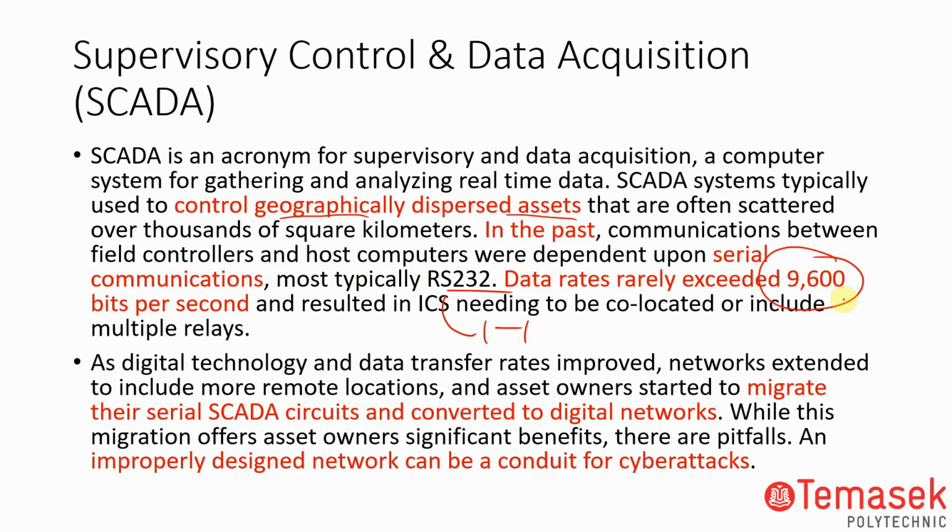Even today, a lot of things still run at this particular speed. In a control system, it doesn't need a lot of bandwidth. What you want is low latency, because the information sent is not a lot, but it needs to be as real time as possible. What do we mean by low latency?